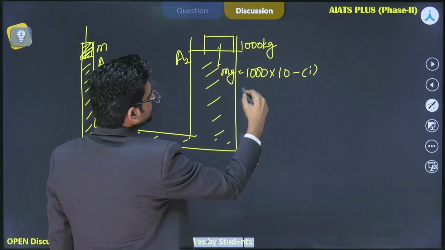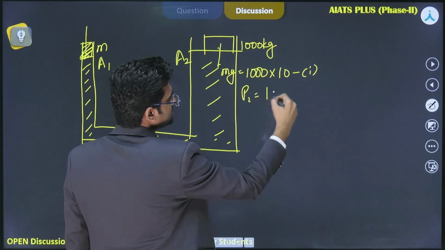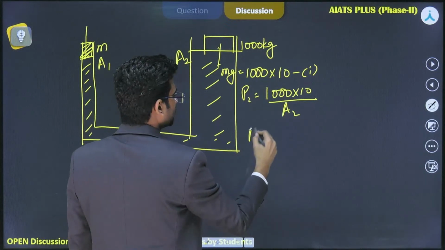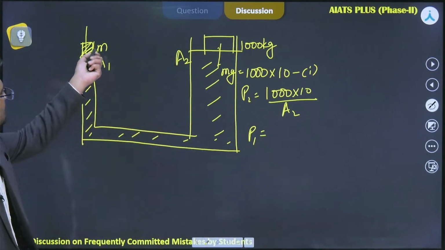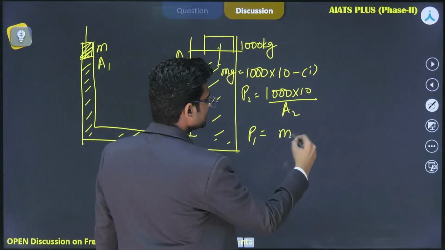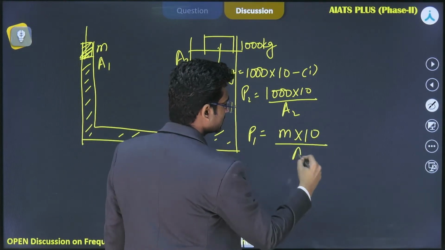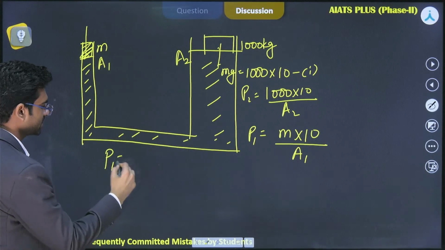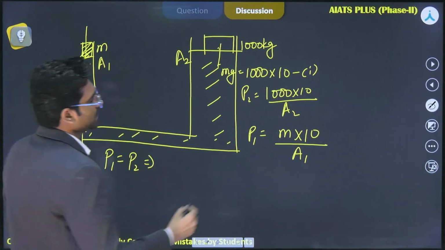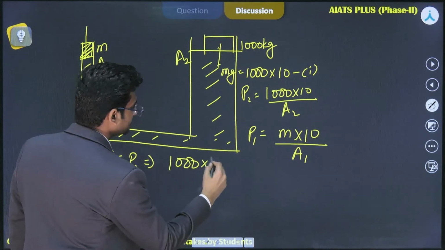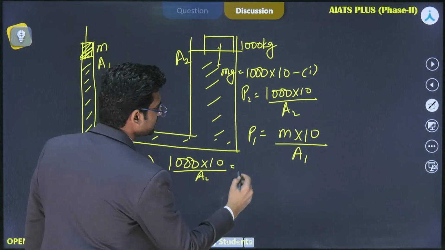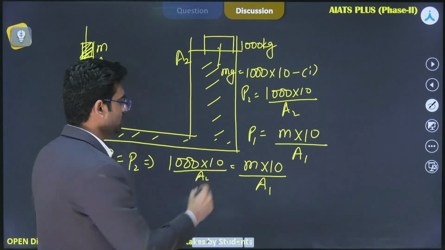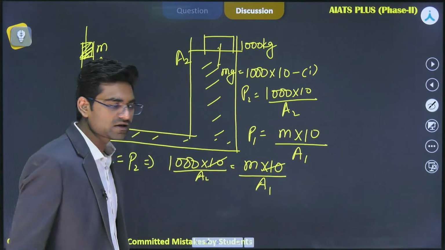So P2 is equal to F2, that is 1000 into 10 divided by A2. What about P1? I am putting here mass M, weight will be M into 10 divided by A1. Both of these pressures have to be equal, so P1 is equal to P2. So 1000 into 10 divided by A2 is equal to M into 10 divided by A1. This 10 and 10 will get cancelled out.